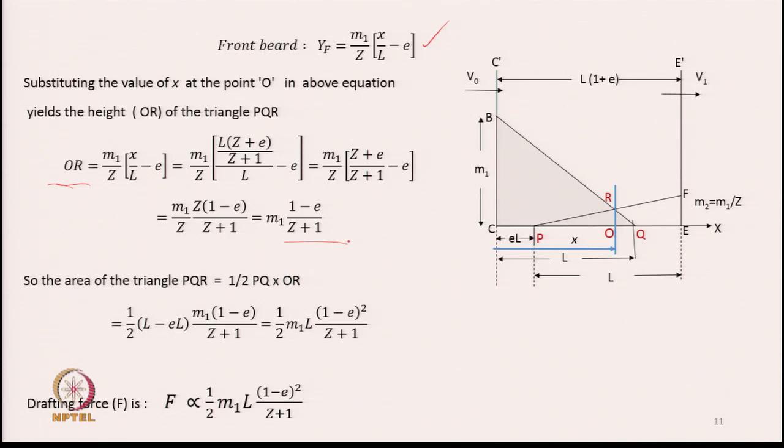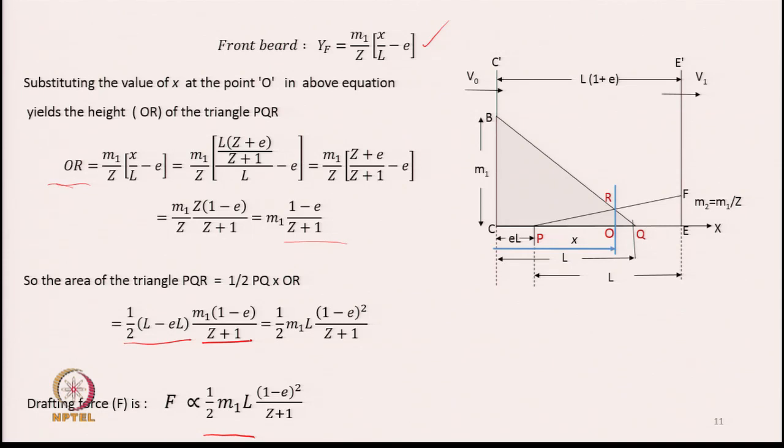Now, we need to find out the area of the triangle P Q R. This is basically half base into altitude. So, this is the half base and this part is the altitude.